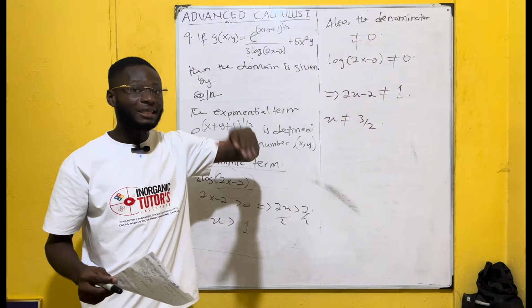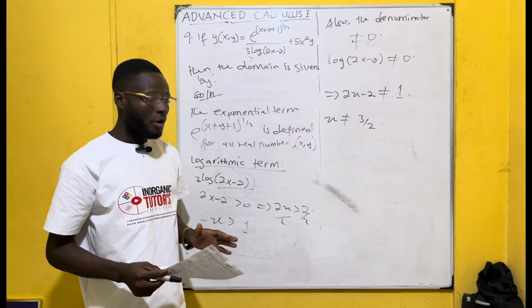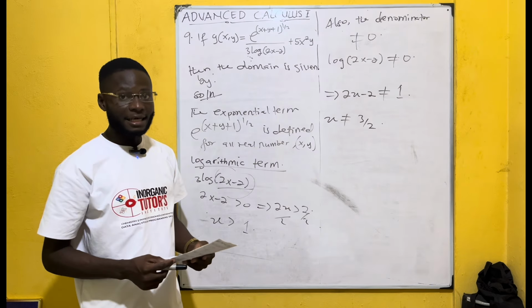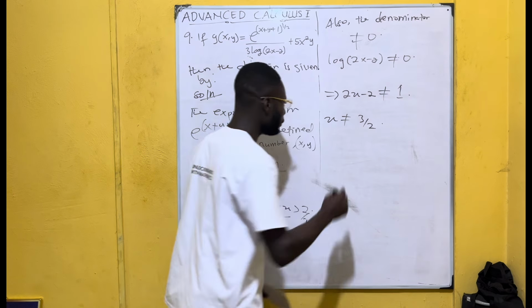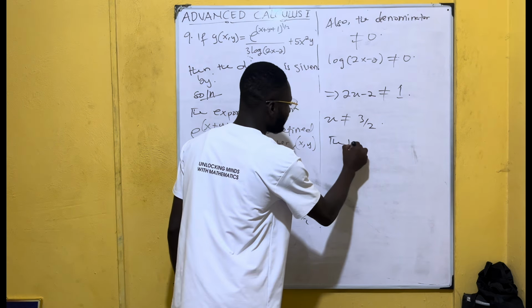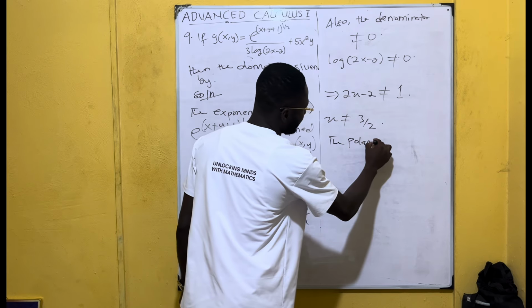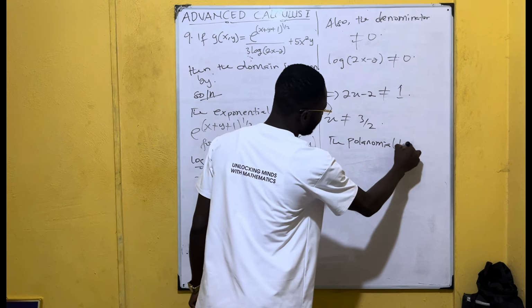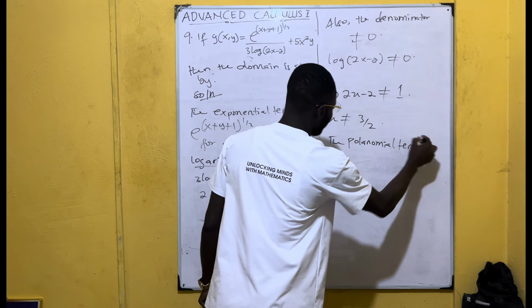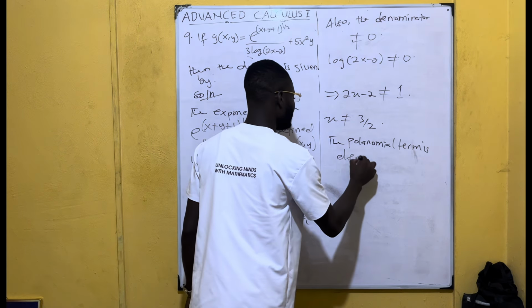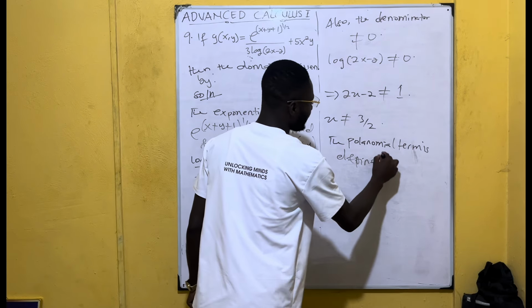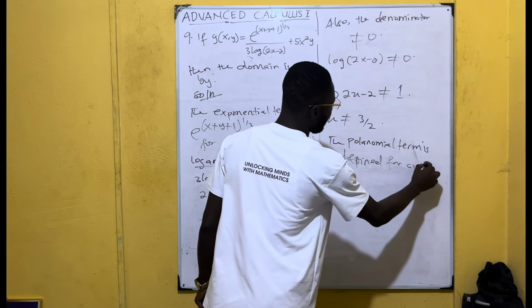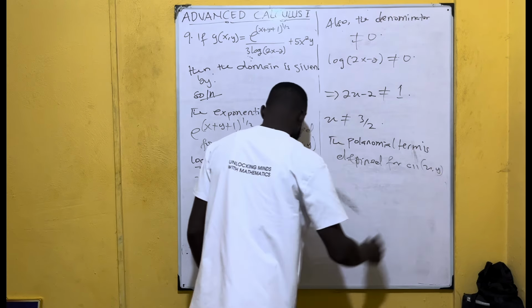So it is also defined for all values of x and y. So the polynomial term is defined for all x and y.